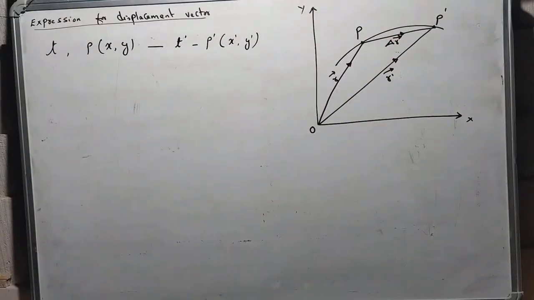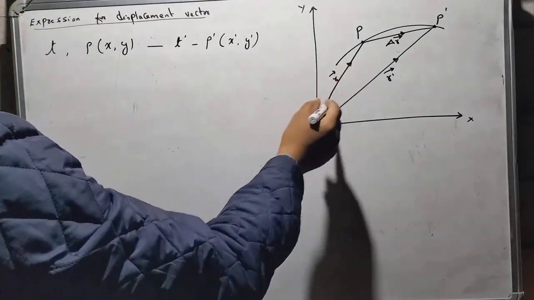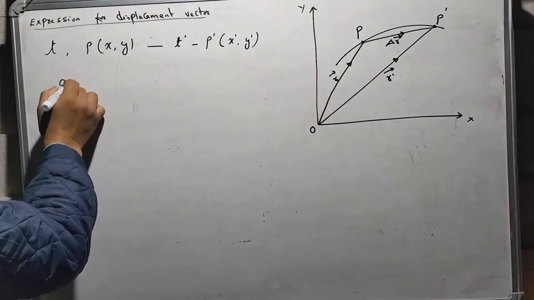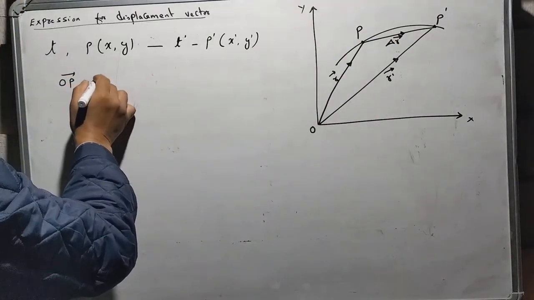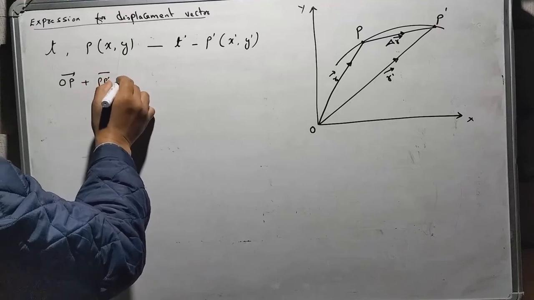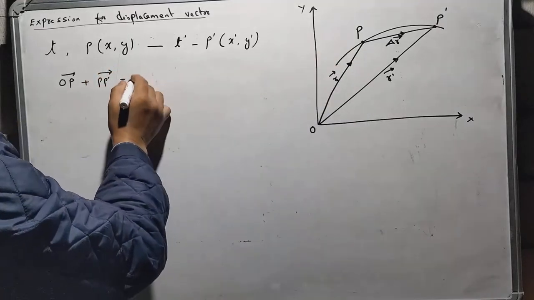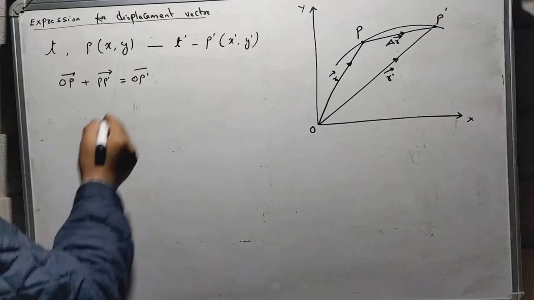Let us use the triangle law of vector addition in this case. When you apply the triangle law of vector addition, you will find that OP arrow plus PP dash arrow is equal to OP dash arrow.